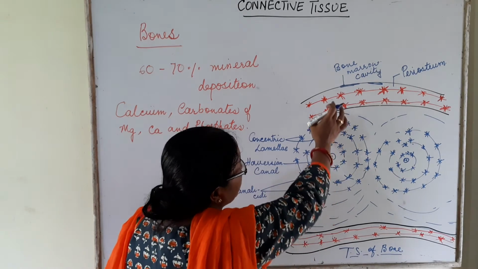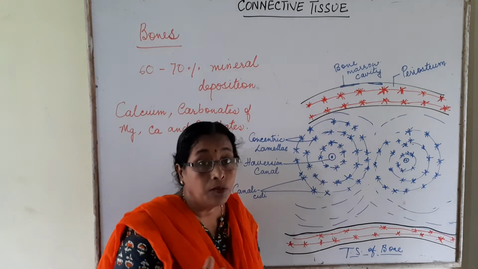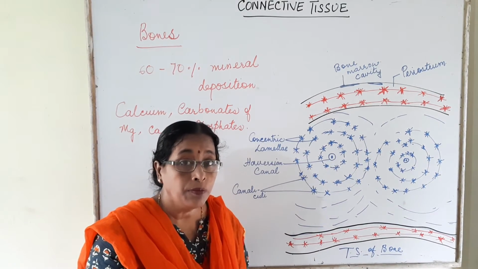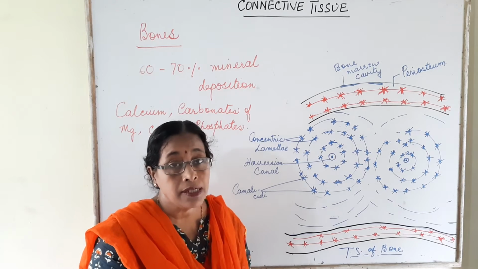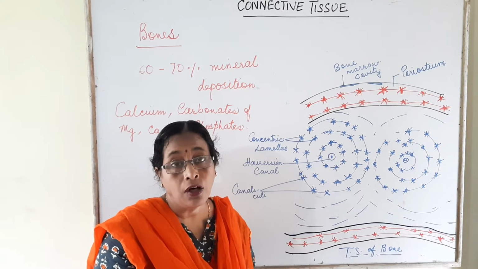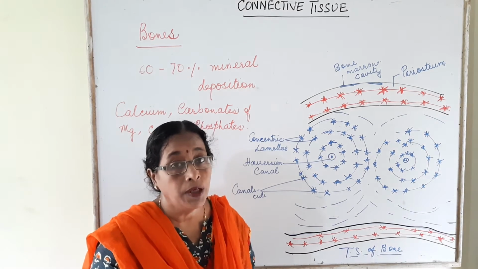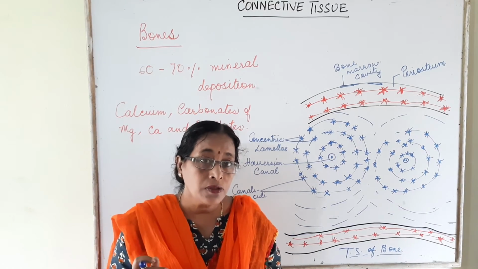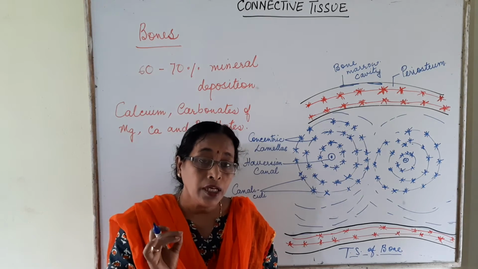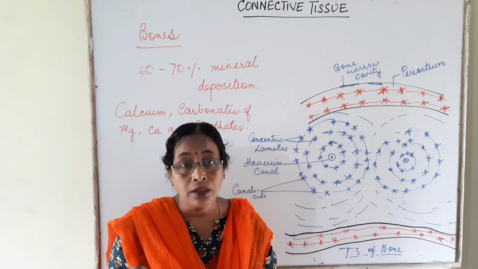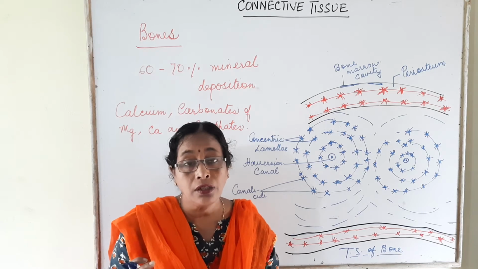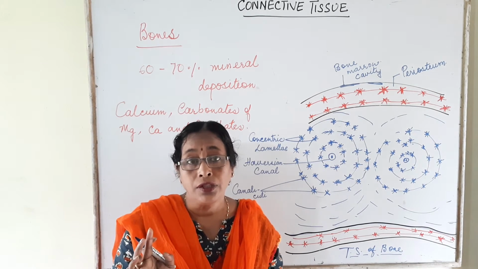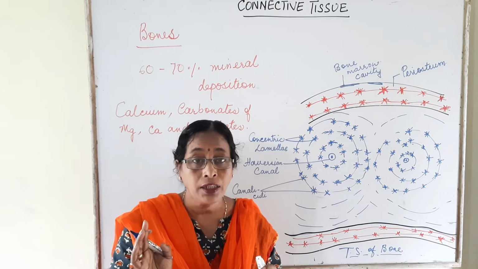Now, if you see the cavity, some of the bones have a cavity which has the bone marrow. Bone marrow is the site of manufacture of erythrocytes, that is the red blood cells. One more characteristic of the bone is that it has blood vessels and nerves passing through the interior of the bone. It is not present in cartilage.